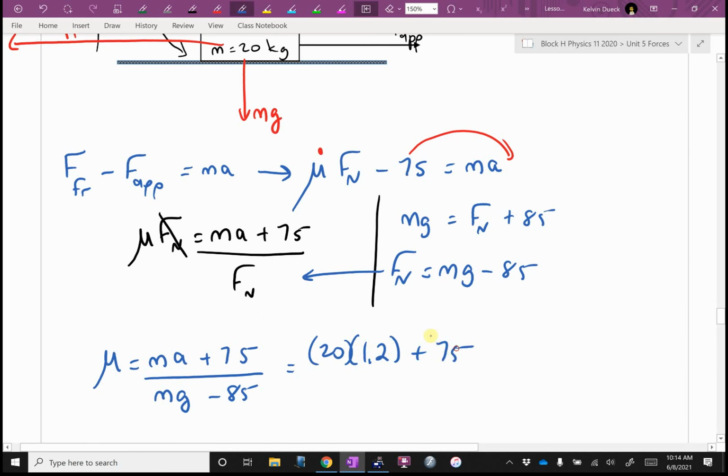Plus 75 on the top, all over, what's m? G? Is this a fraction? Is there more than one thing on the top? Brackets around the top. Is there more than one thing on the bottom?